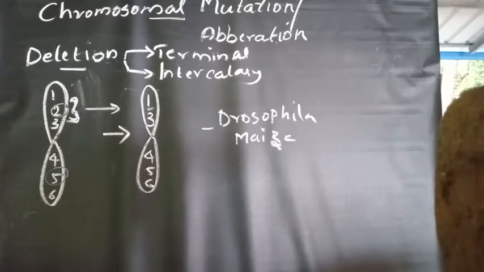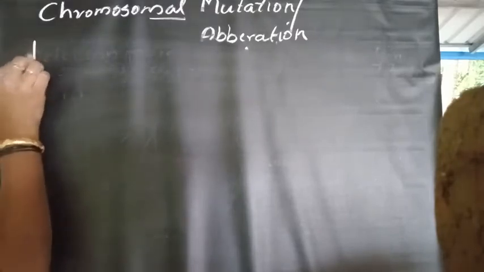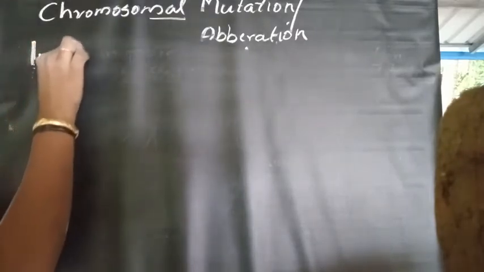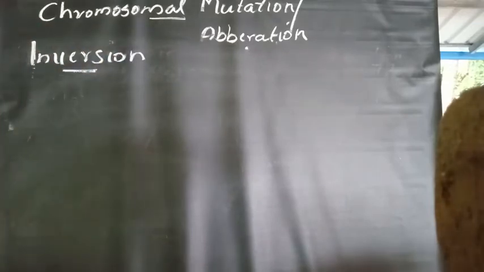Next after deletion is inversion. Inversion means the breakage of a chromosome segment but reunion in the same chromosome in reverse order.